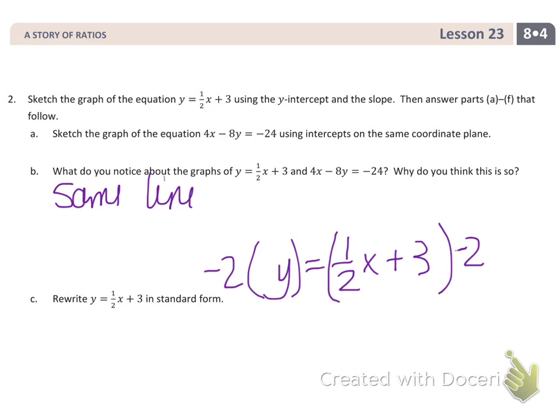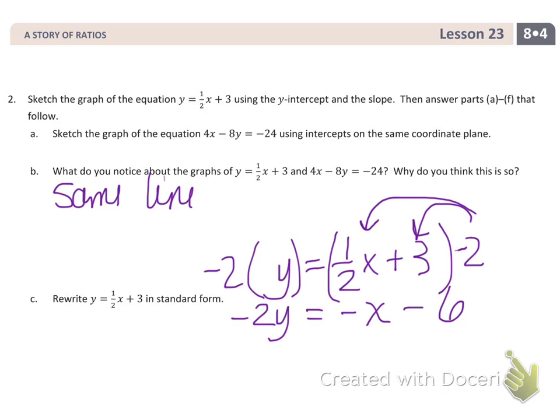Maybe you'll see why. Negative 2y is equal to negative x, and don't forget to distribute this 2 to both terms. Number one mistake on these. And this will be minus 6.